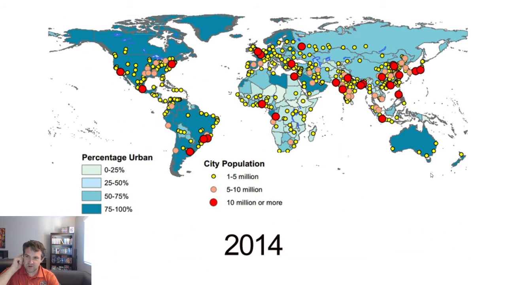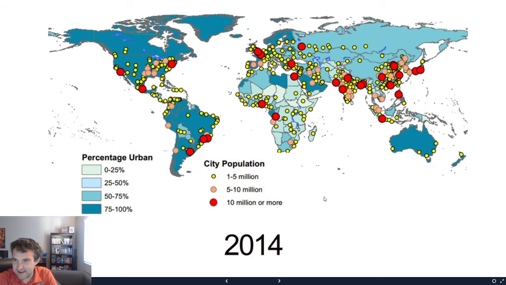Okay, and then, so where are the big cities in the world in 2014? So let me see if I can identify all of these. Let me put my geography skills to the test. So New York, LA, Mexico City, Buenos Aires, Rio de Janeiro, Brasilia, Lagos, Kinshasa, London, Paris, Moscow, Istanbul, Cairo.